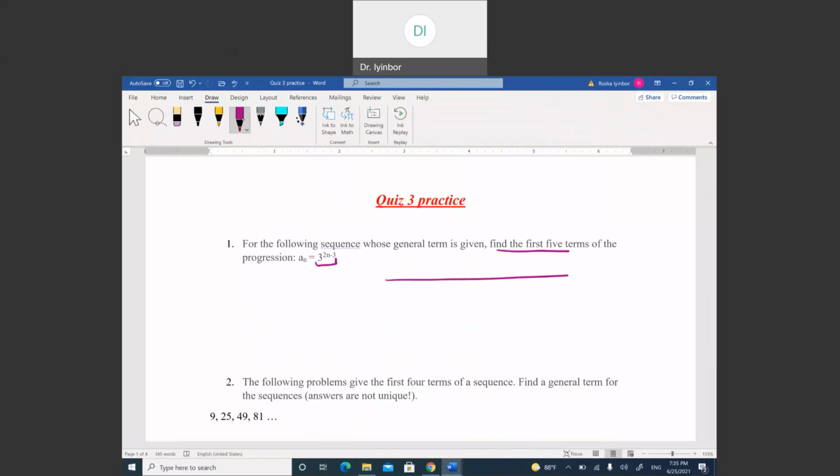I can just pick n changing from 1 to 5, and we did this in algebra, same type of questions. We have to calculate each term when n is 1, 2, 3, 4, and 5. And this is the formula: 3 with exponent 2n minus 3. And then you're going to start calculating.